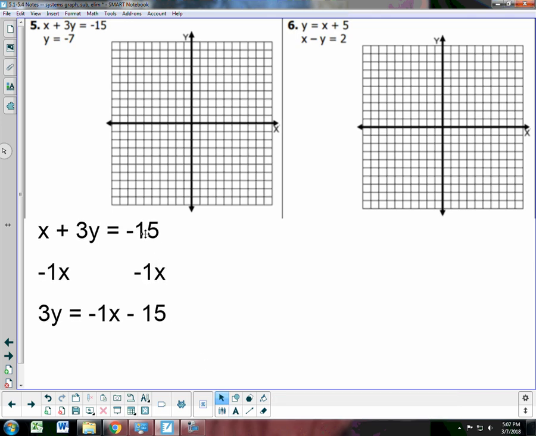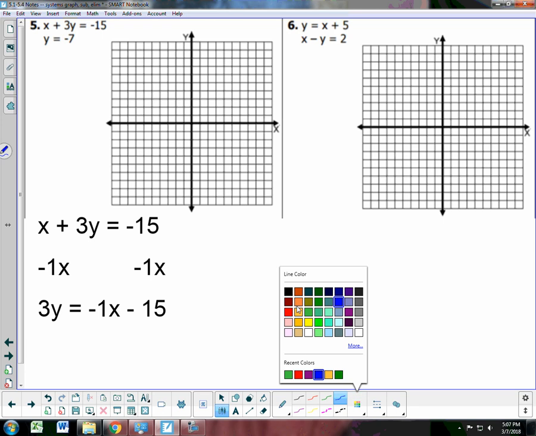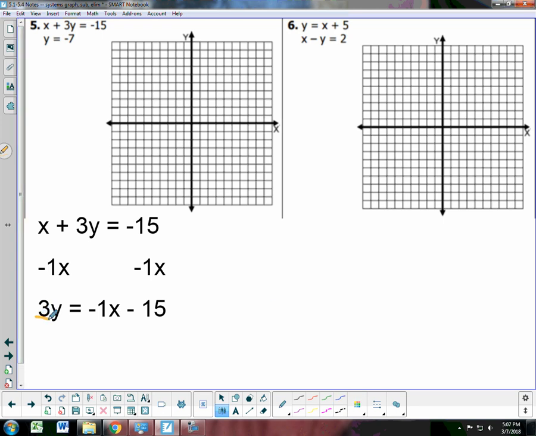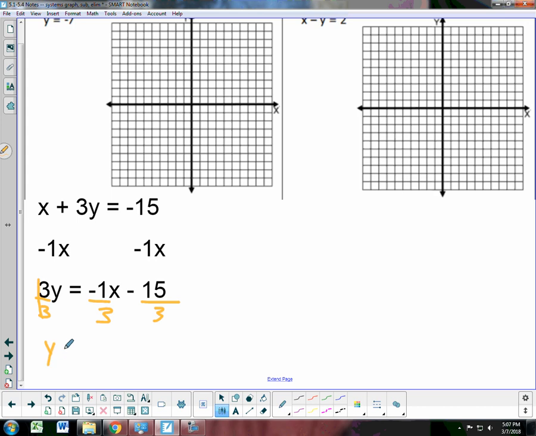Move that up a little bit. Let's keep going with that orange color. So dividing them by 3, divide each part by 3 here. Cancels in the front, and I'm left with y equals negative 1/3 x minus 15 divided by 3 is 5.